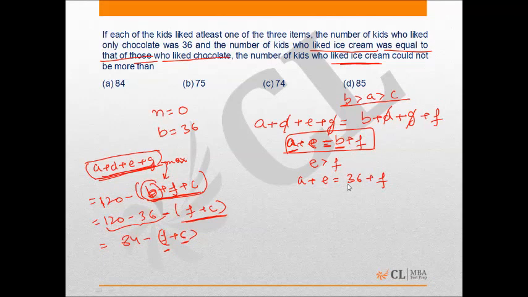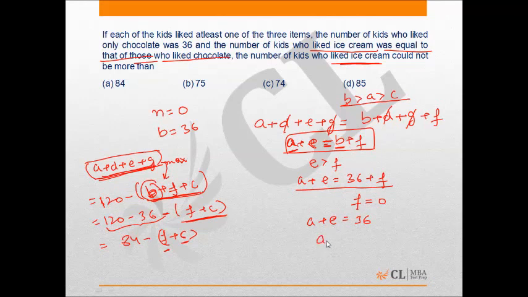So now move back to this equation. Can I easily say, by putting F equal to 0, I will get A plus E as 36, right?